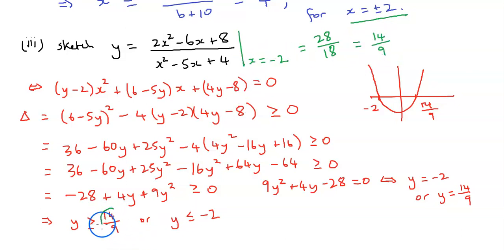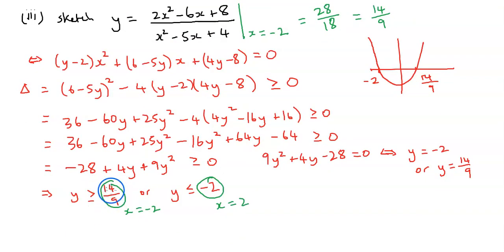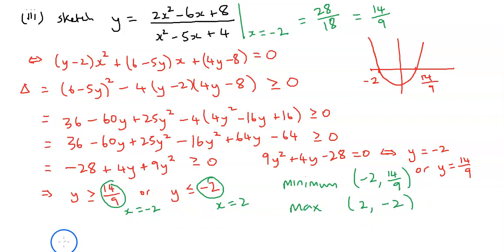So 14 over 9 goes with x equals negative 2. And if we put in x equals positive 2, we get that y is equal to negative 2 in this function. So clearly we have a local minimum at the point x equals negative 2, y equals 14 over 9. And we have a local maximum at the point x equals positive 2, y equals negative 2.